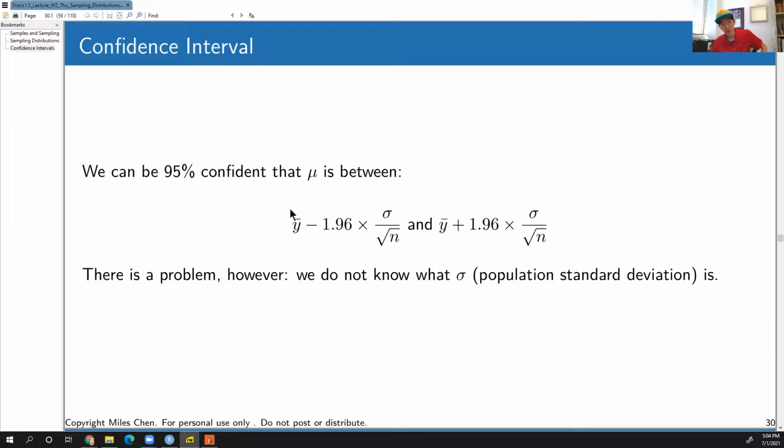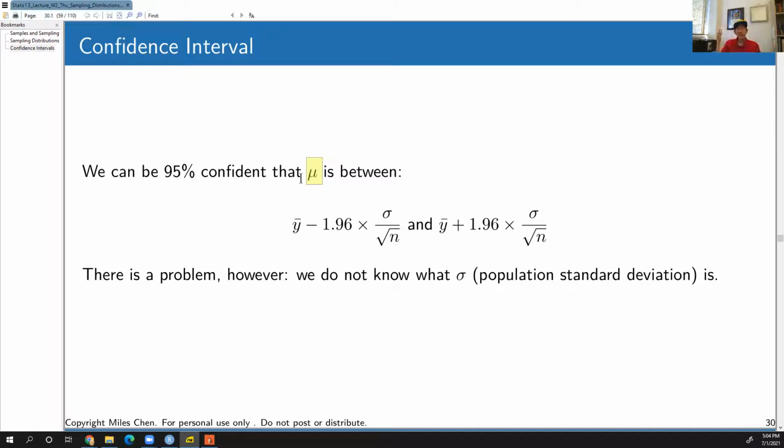There is an issue though, okay? And that is, we don't know what sigma, the population standard deviation, is, right? The whole point here is we don't know what the population mean is, and so we're using a sample and the mean of the sample to make estimates about the population mean.